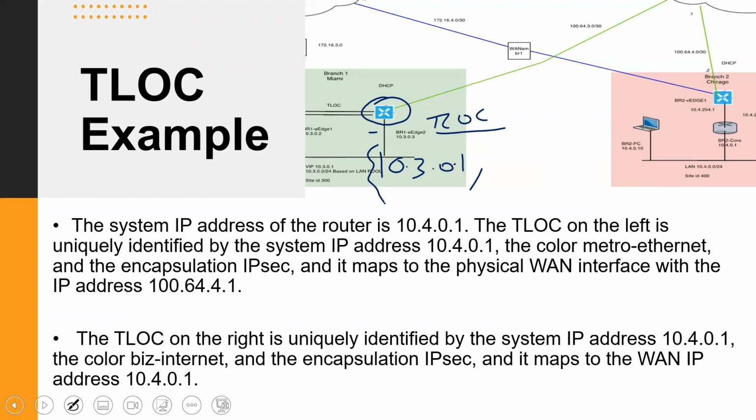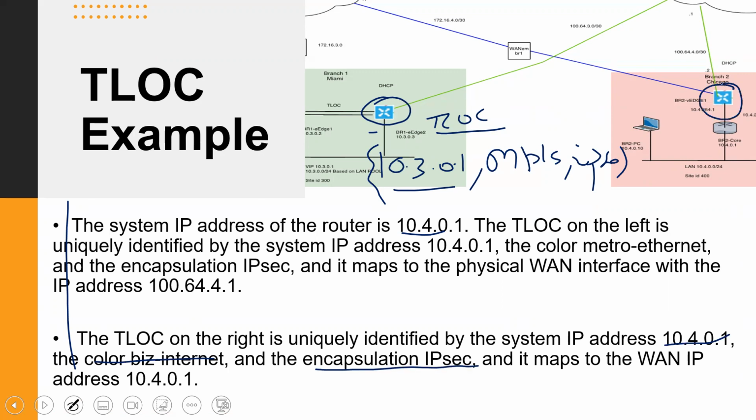So its TLOC will be system IP, color, and encapsulation. This green is what? Maybe this is MPLS. So for example, MPLS, and then IPsec. Same thing here in the node: the system IP is this, and the TLOC will be system IP, color, and the encapsulation. Here it is for this particular example.